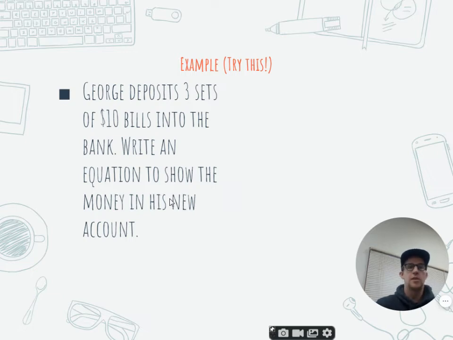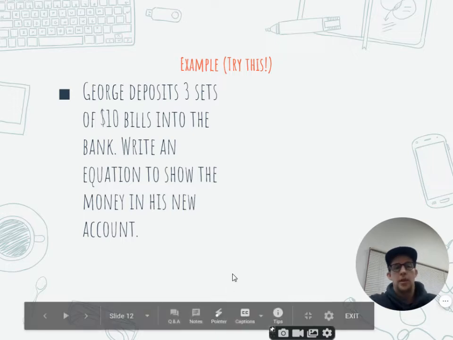Or if George deposits 3 sets of $10 bills into the bank, write an equation to show the money in his new account. So, it's $10 plus $10 plus $10. 10 plus 10 plus 10 is 30. So you're showing that repeated addition is the same as multiplication.